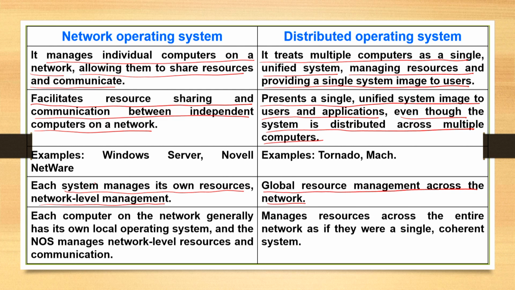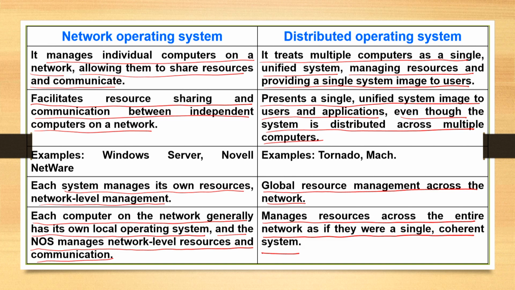It means that in a network operating system, each computer on the network generally has its own local operating system, and the network operating system manages network level resources and communication, while a distributed operating system manages resources across the entire network as if it were a single coherent system.